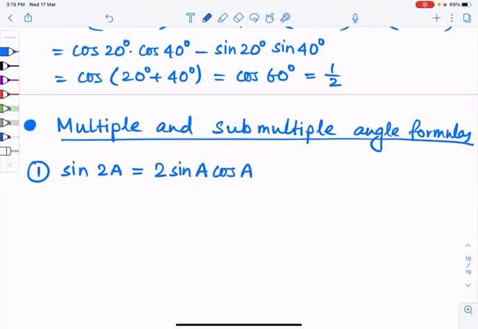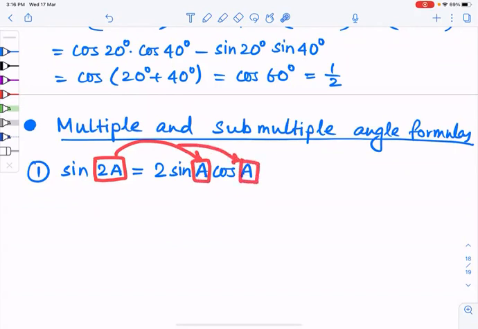Okay. Number 2, sine 2a. So what type of formula is this? If I have a multiple angle, meaning twice of a, that is expressed in terms of a. The angle is becoming half.